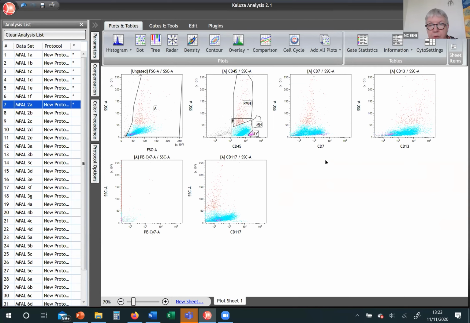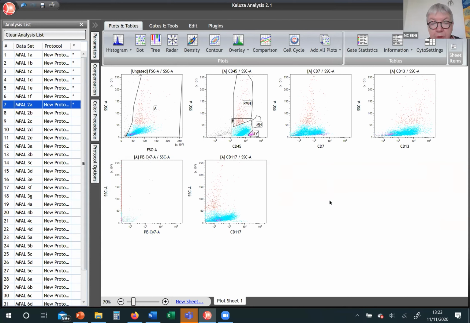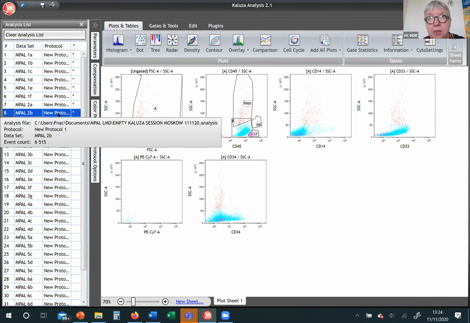So I can go back to the colors and try to see what I can find out in this population. So the cells, part of them are expressing CD7. They are clearly CD13 and CD117. There's nothing else here in this tube, which has fewer markers. That was, I think, a 4-color tube. So we have CD13, CD117 and CD7, which is not rare when you are looking at AML. And as I showed this morning, it's also something that is physiological.